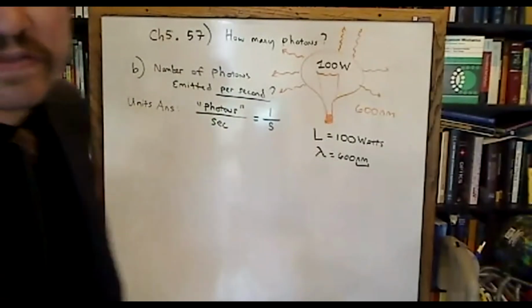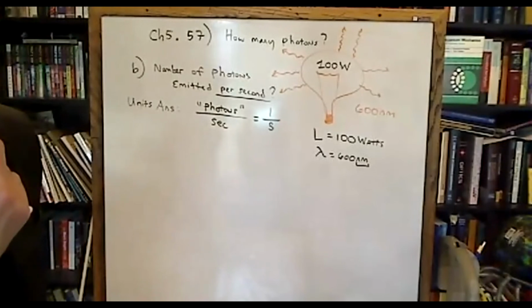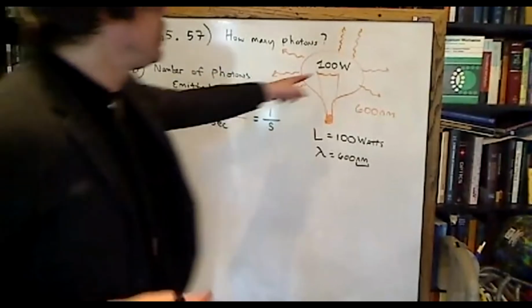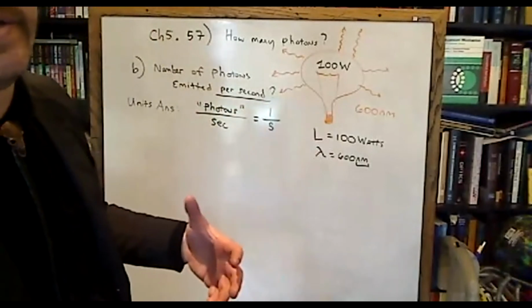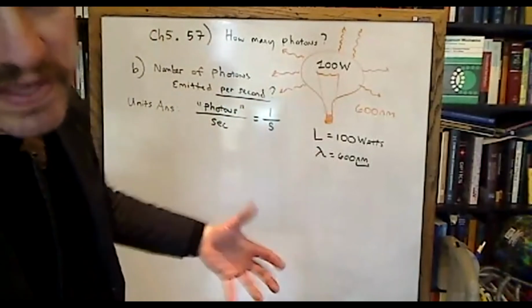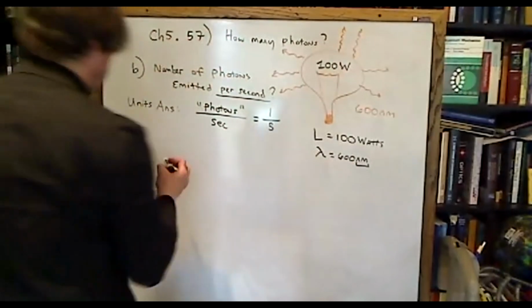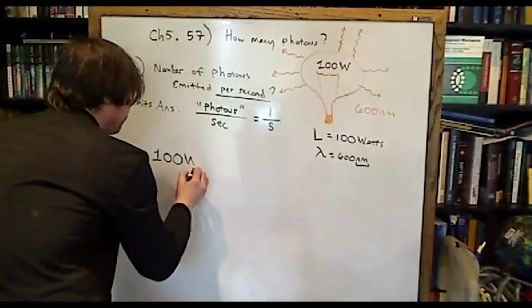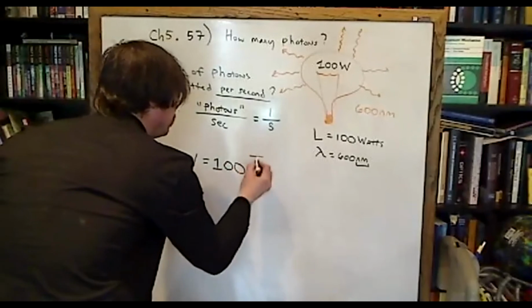How are we going to do this? Okay. The 100 watts gives us a sense of how many joules per second flow from the light bulb in all directions. So let's start with our 100 watts. 100 watts is the same thing as saying joules per second.